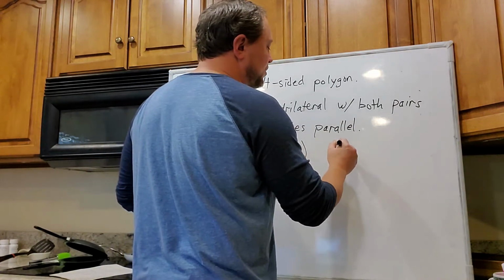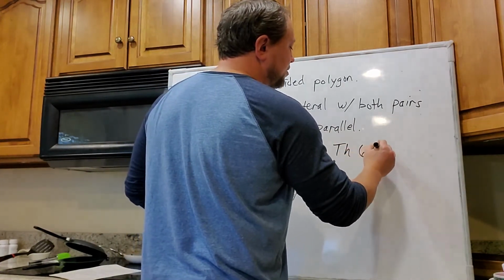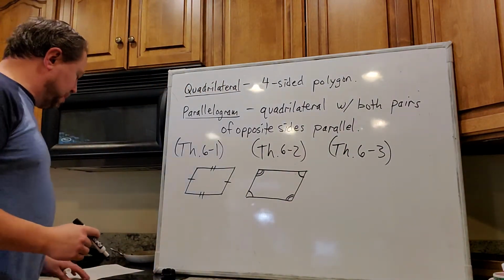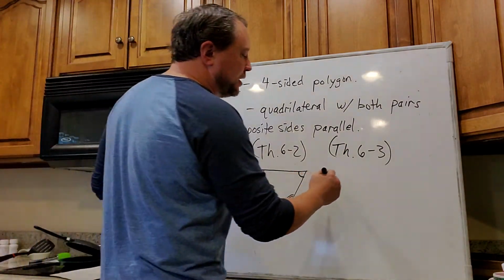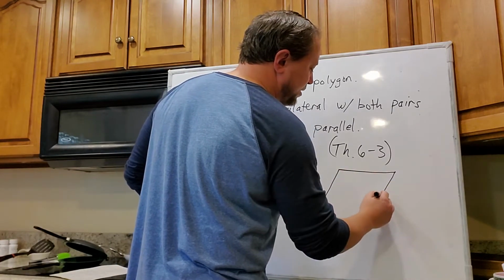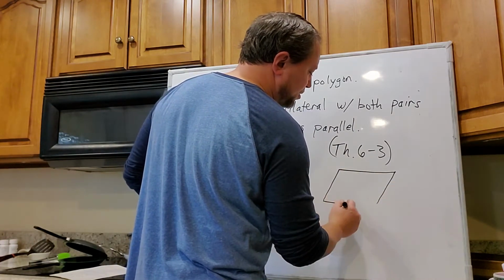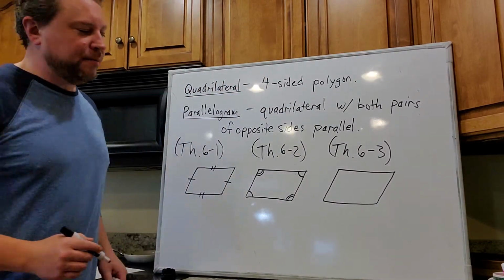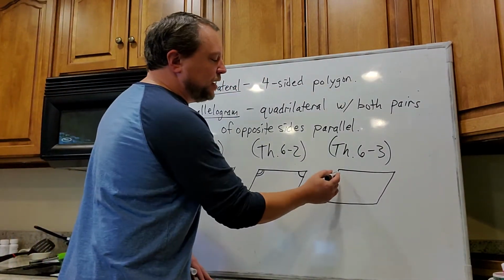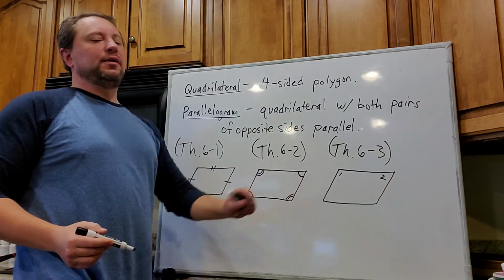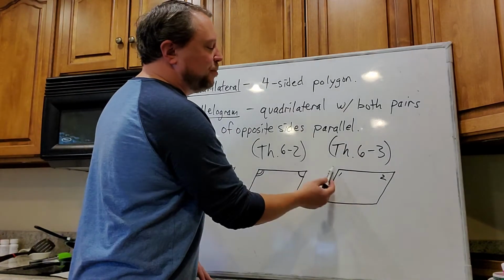Okay, there's a couple more theorems here about parallelograms that are true. There's Theorem 6.3 that states that in a parallelogram, the consecutive angles, not opposite, but consecutive angles. So let's start by discussing what consecutive angles are here. Consecutive angles would be like 1 and 2 in this picture of this parallelogram. Not opposite of each other.